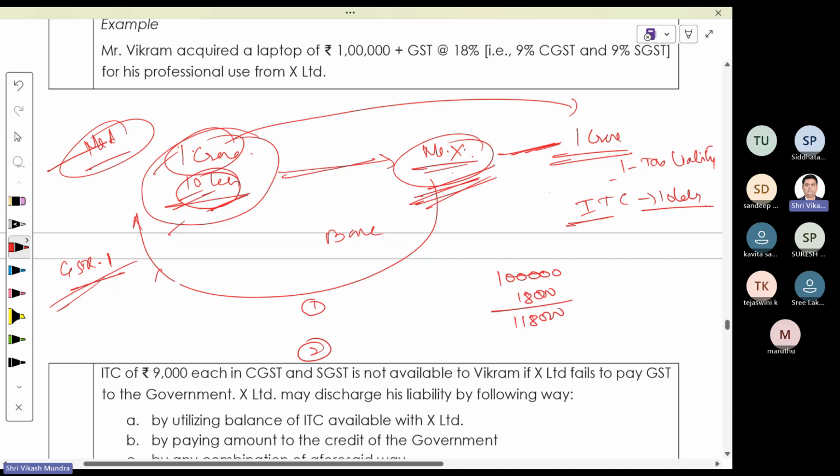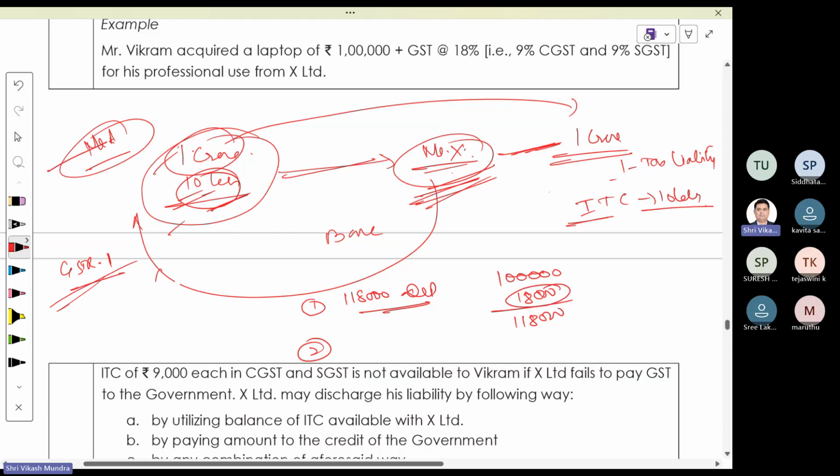I can claim depreciation on 1 lakh 18,000. If this is the case, I am not eligible to claim ITC of 18,000. If I'm claiming depreciation on 1 lakh, then I can claim 18,000 ITC. That means I cannot claim both depreciation as well as ITC in GST. It is not possible. You can claim depreciation on principal amount and you can claim ITC on the GST component.